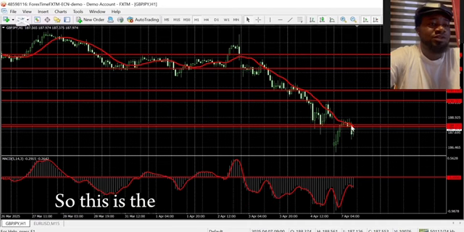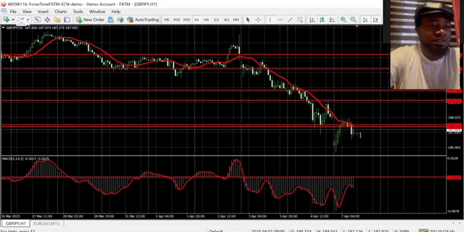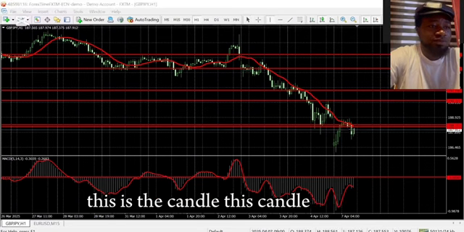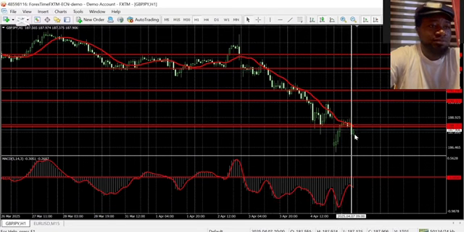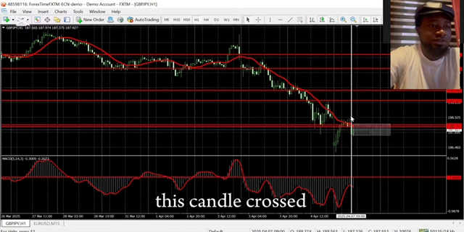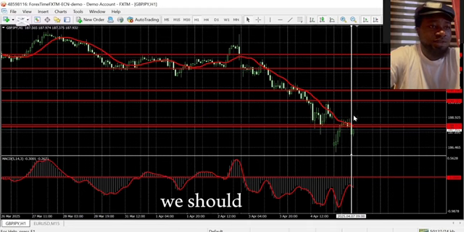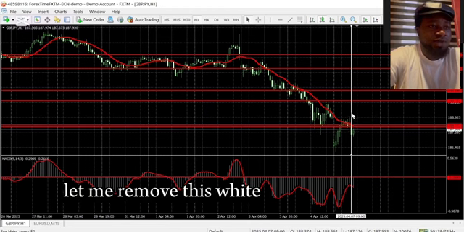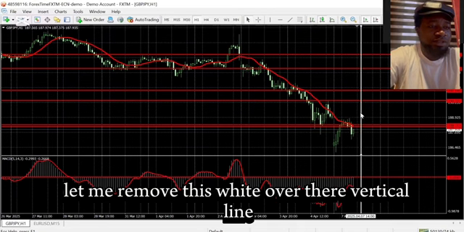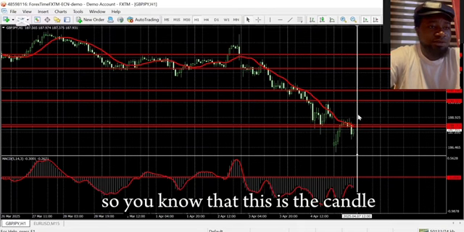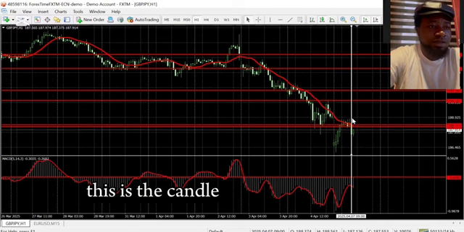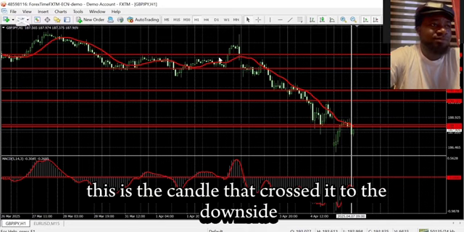This is the candle that crossed it below. Let me remove this vertical line, so you know that this is the candle that crossed it to the downside.